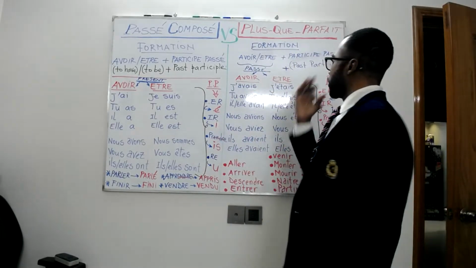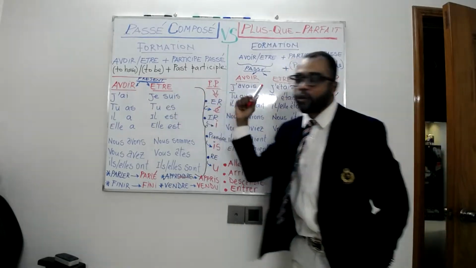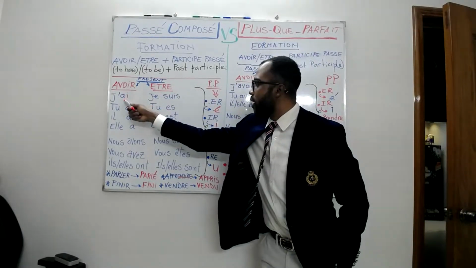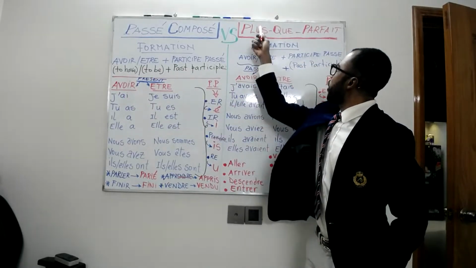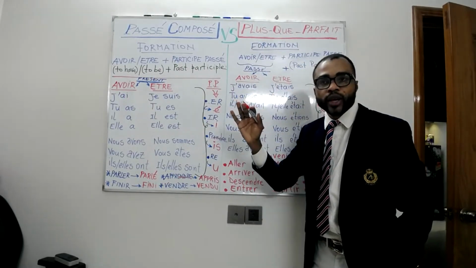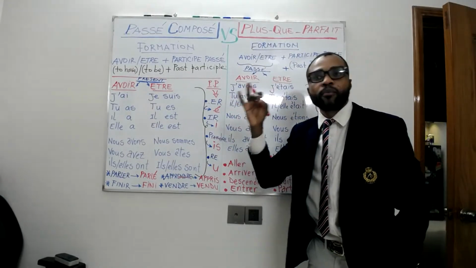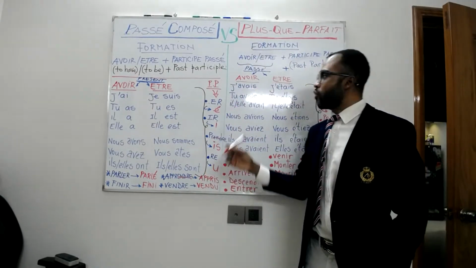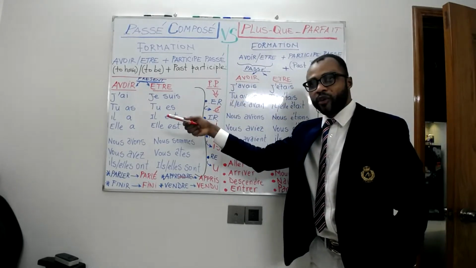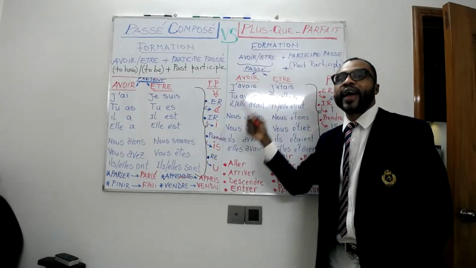So for example here, the plus-que-parfait composition is almost the same, with the verbs avoir and être. If you remember, in the introduction I said plus-que-parfait is the past perfect. So present perfect was I have. So the past perfect will be I had.